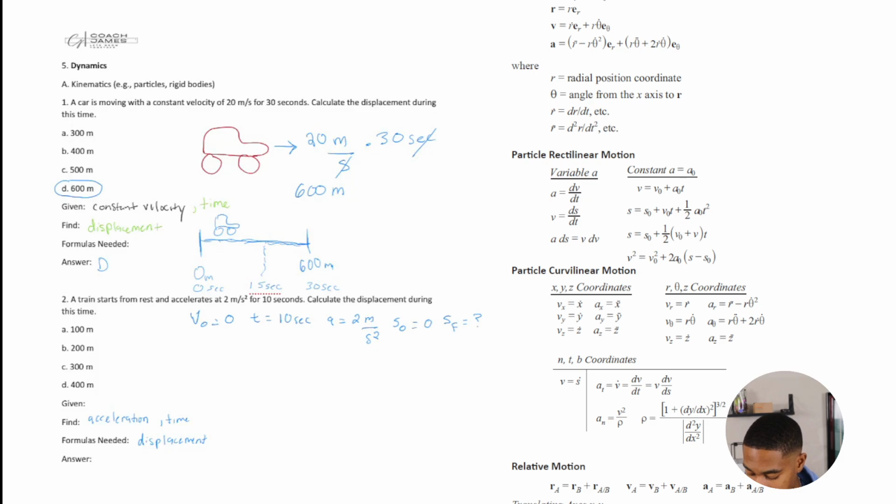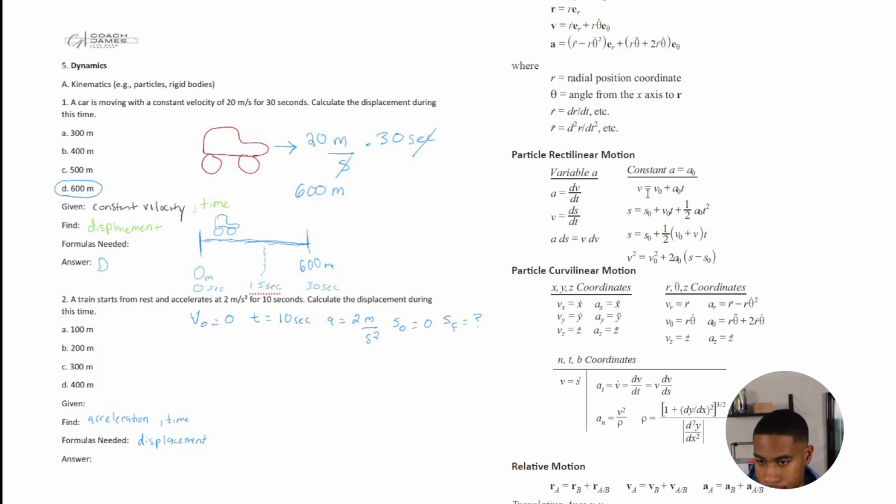So based on the information that we have, how do we determine which of these formulas are going to help us to determine the final distance, or S, right?